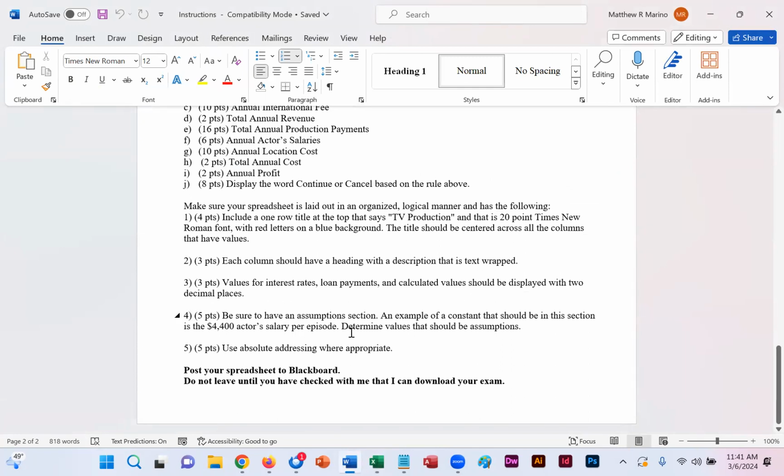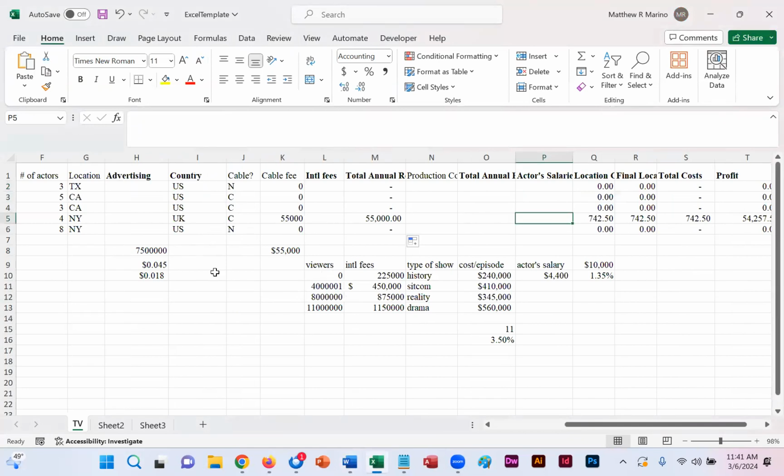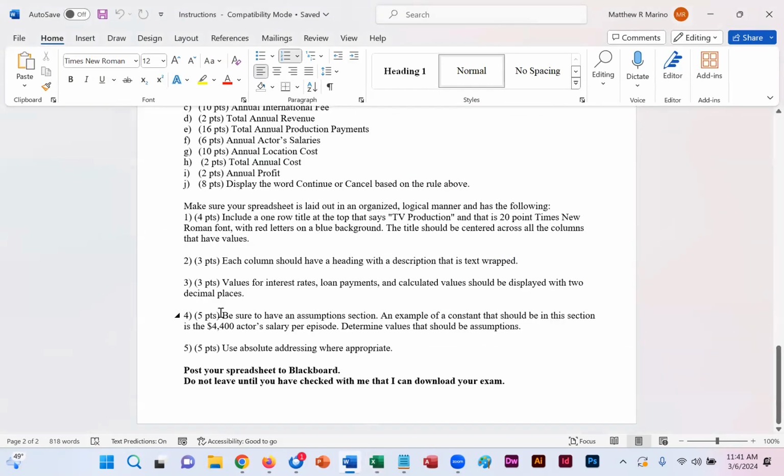Number 4 is about assumptions. Obviously, you put them down just like they're shown in the instructions, and you get the 5 points there. Number 3, values for interest rates, loan payments, and calculated values should be displayed with 2 decimal places.